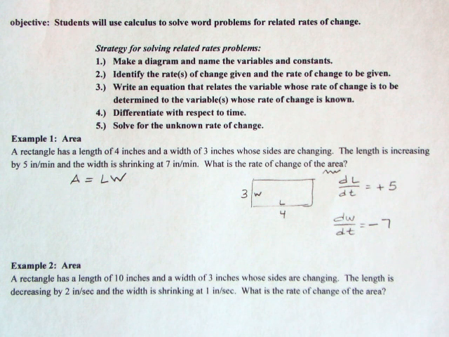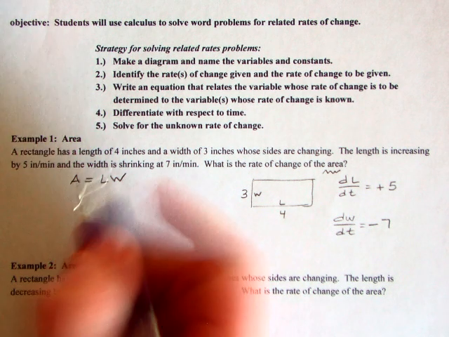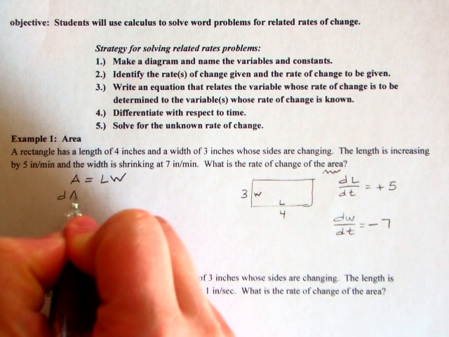Being that there are 3 variables, we're going to implicitly differentiate, and we're going to include, as I said in the introduction, more of these dl dt's, dw dt's, and also dA dt. So on the left side, the derivative of A is going to be dA dt.